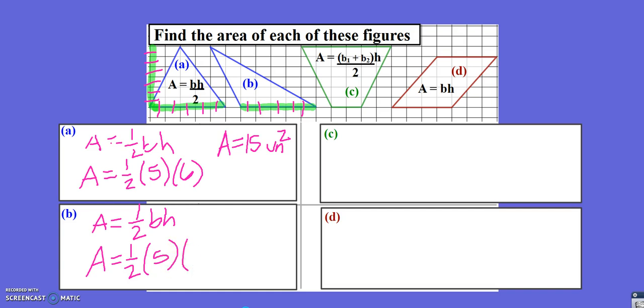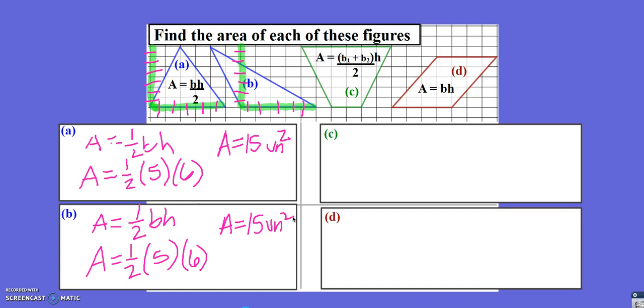Again, make sure you are doing vertical height. I'm going to go straight up. Count that. 1, 2, 3, 4, 5, 6. We have a height of 6 again. And since our base and our height is the same, we're going to end up with the same area. So we got two different shaped triangles that give us the same area of 15 units squared.